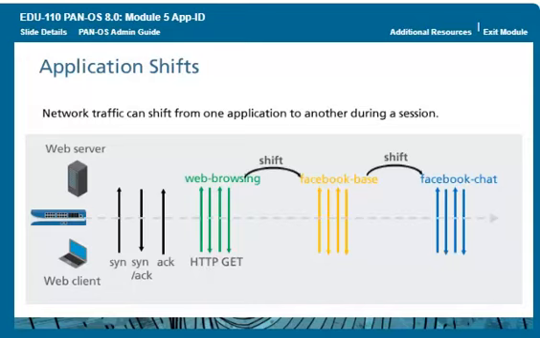However, once an HTTP GET is detected, AppID can report the application as web browsing. As more packets are received, AppID might be able to further classify the traffic. In the illustration, the traffic is further identified as Facebook base and then Facebook chat.